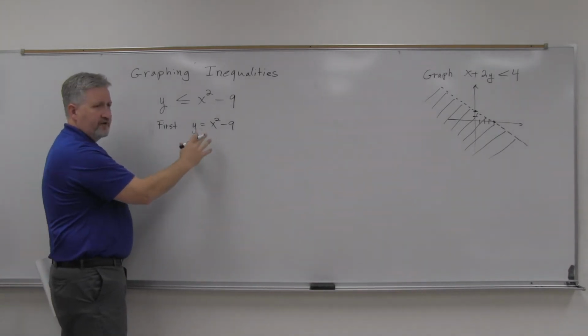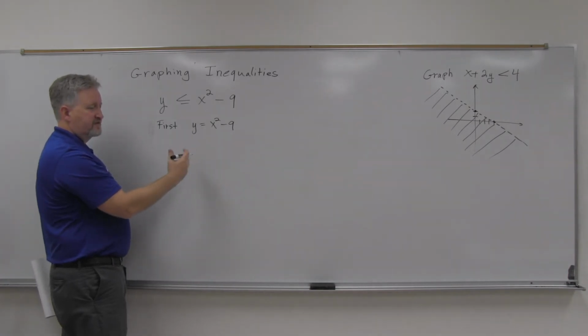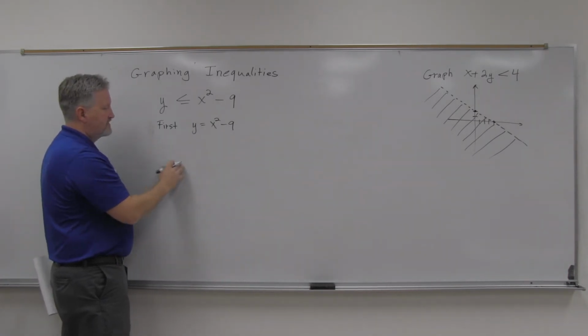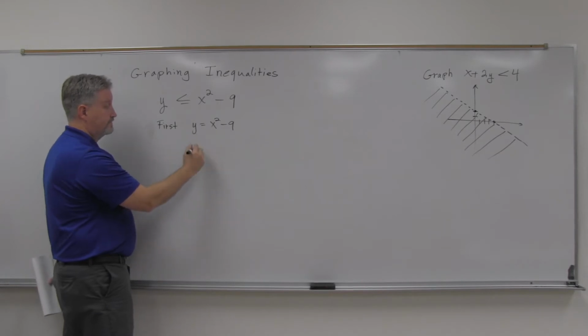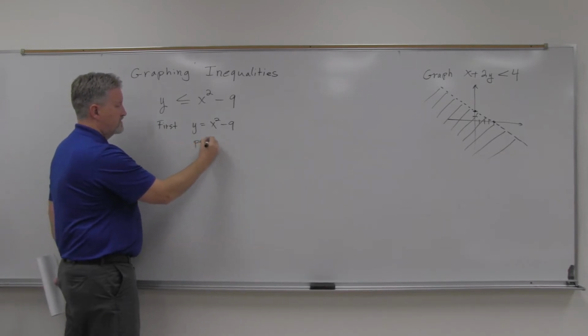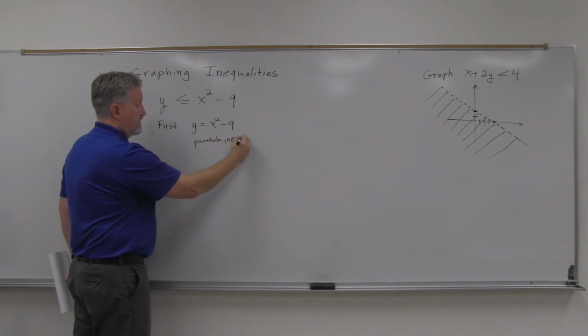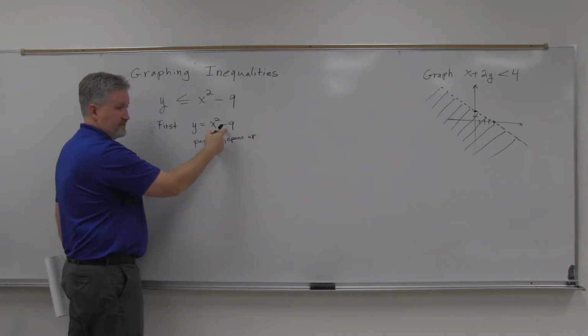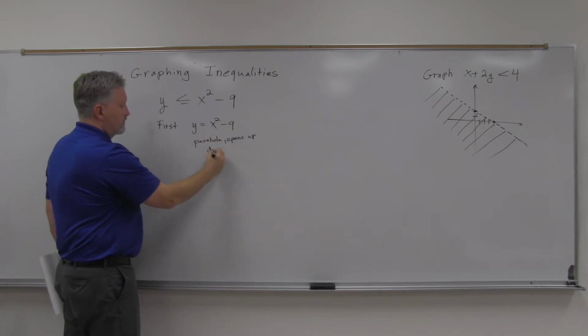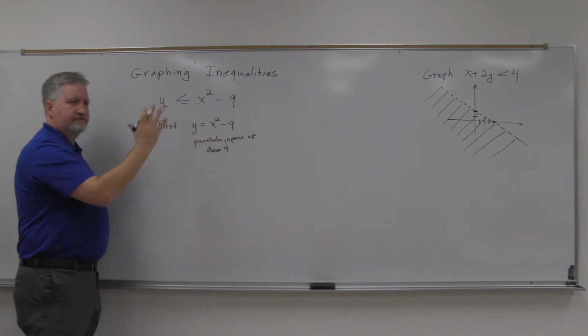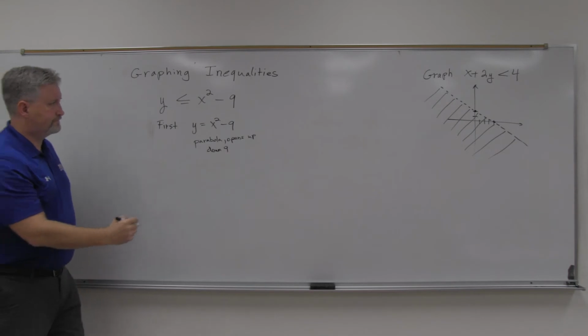These are pretty basic ones. You don't have to necessarily go into all the fine details we did on some other quadratics, but yeah, it is a parabola, and in this case it opens up, I guess you should say that, and it's shifted down 9. So noticing those things can help us get a visual there.